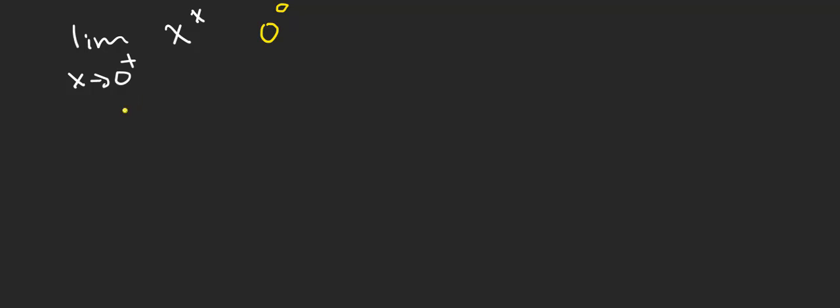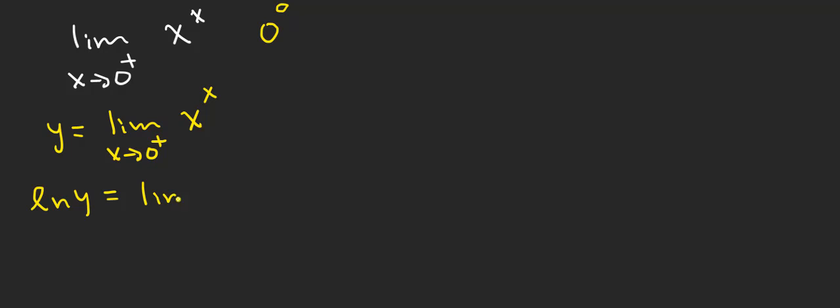So what we're going to do is say y is equal to the limit as x goes to 0 from the right side of x to the x. Now we're going to take the natural log of both sides. You want to do that whenever the exponent is variable. Equals the limit as x goes to 0 from the right side, natural log of x to the x.